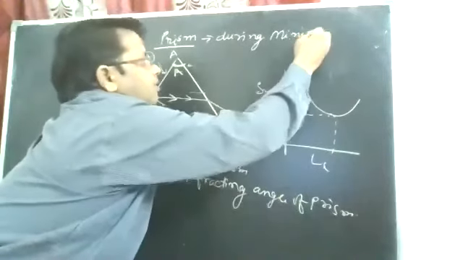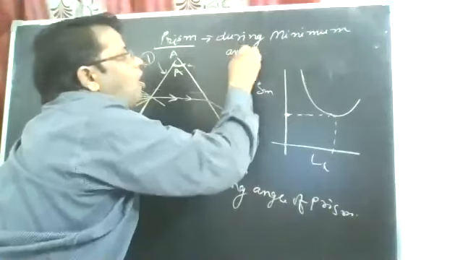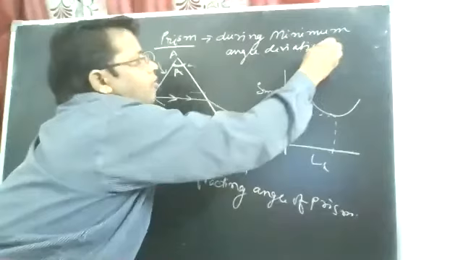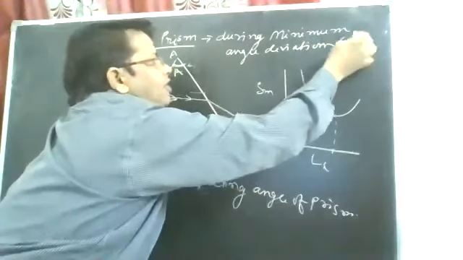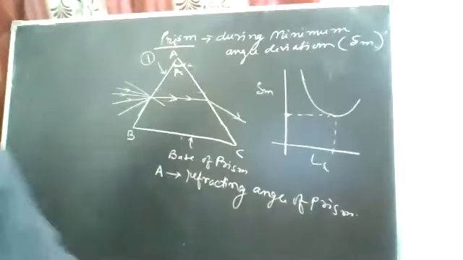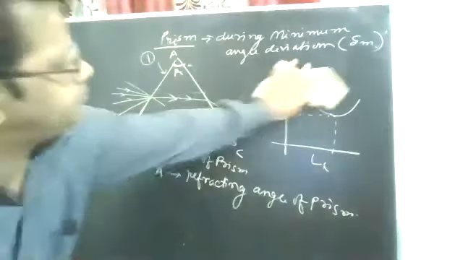Minimum angle of deviation, delta for deviation and m. So you see this.